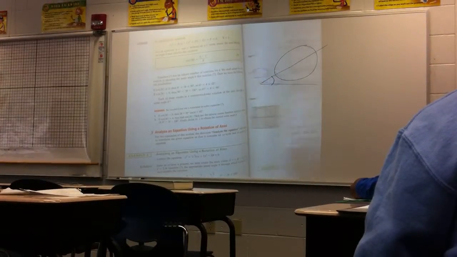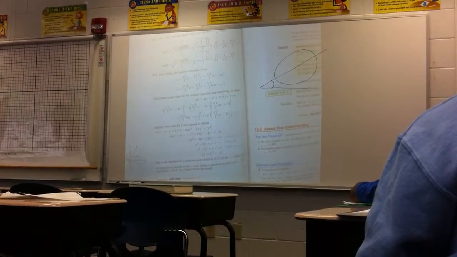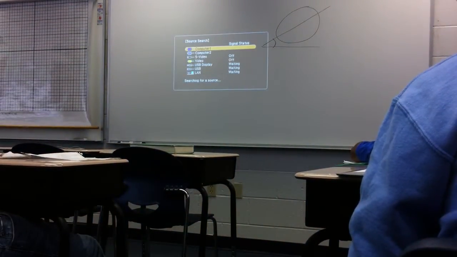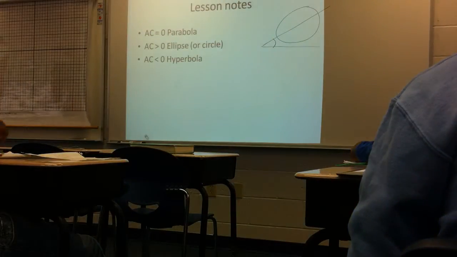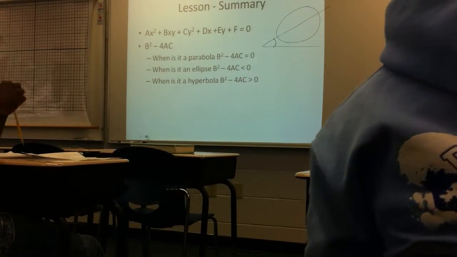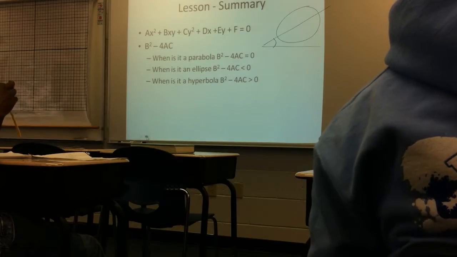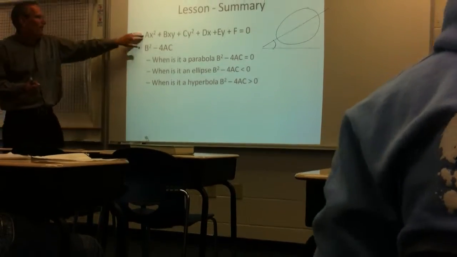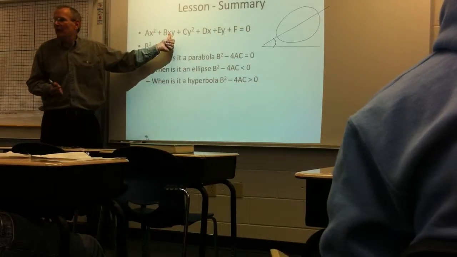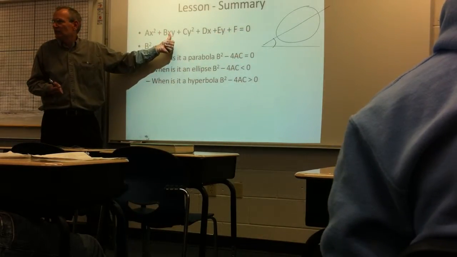Okay? So now, if we're trying to figure out what a conic does with a rotated axis, this is what the equation now looks like. We've added a b in there. So if you have an equation with xy in it, you know it's a rotated axis.